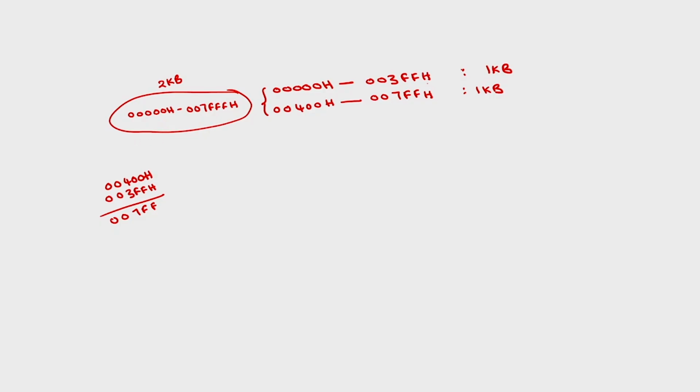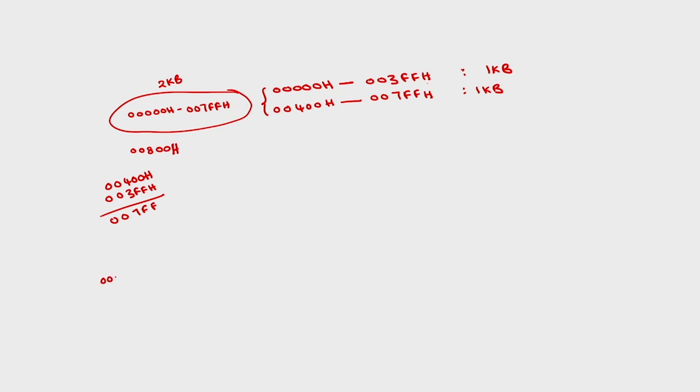The next address after this one is 00800H. So how to get another 2K? You have to add 7FFF.